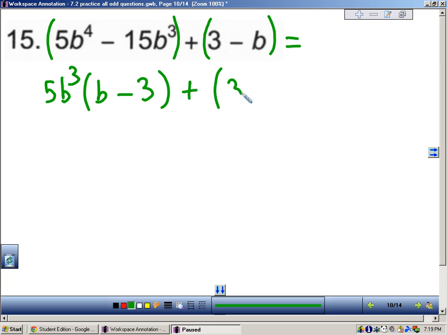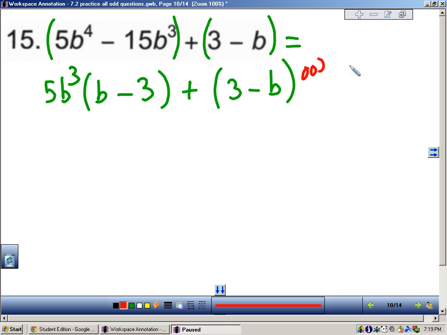3 minus b. Now, this is the opposite of that factor. So there's something that we talked about. See if I remember it. Is there any way to rewrite this expression so that I can make it equivalent to b minus 3? And yes, there is. So I look at this expression, and this is what I remember. Here's my thought bubble.